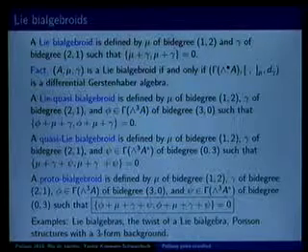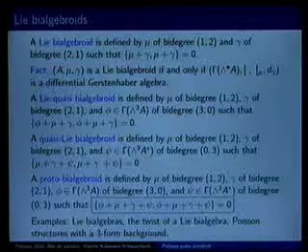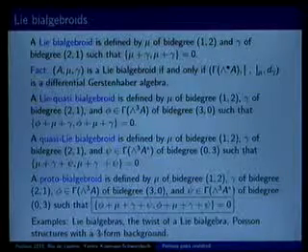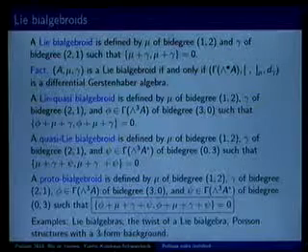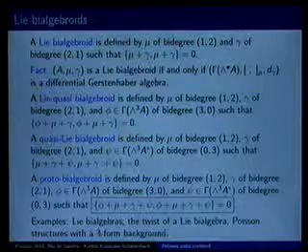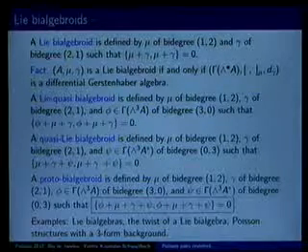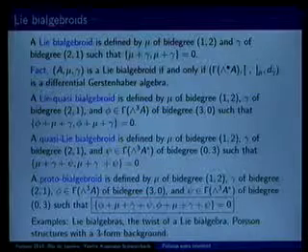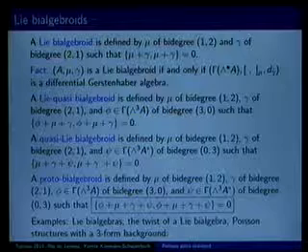Another alternative way of defining these objects is to look at the Gerstenhaber algebra over A, defined by mu, together with the differential d gamma defined by the co-algebroid structure; you have to have a differential Gerstenhaber algebra. That means that d gamma has to be a derivation of the Gerstenhaber bracket mu.